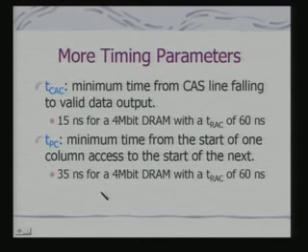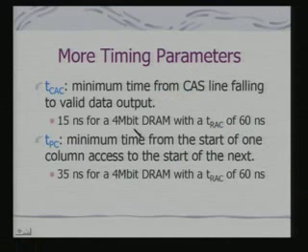Then you have the minimum time for the CAS line falling to valid output. Falling means activating, as we are considering RAS and CAS as active low. It is 15 nanoseconds for a 4 Mbit DRAM with TRAC of 60 nanoseconds. These are typically the order of the timings.